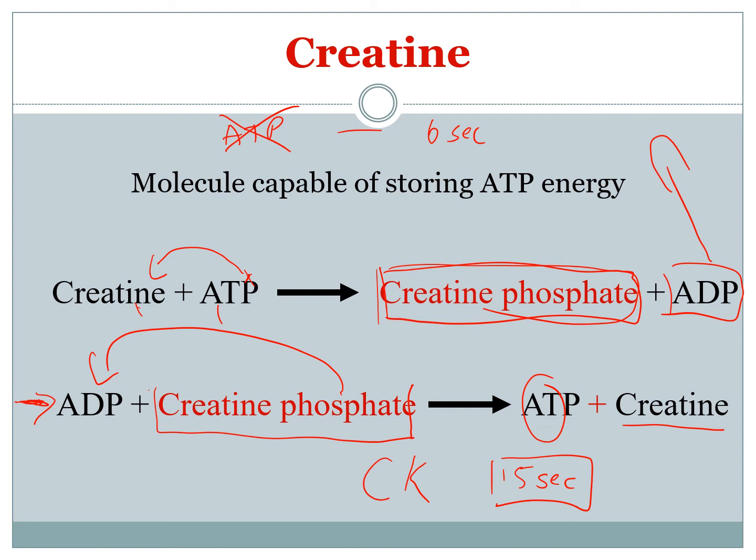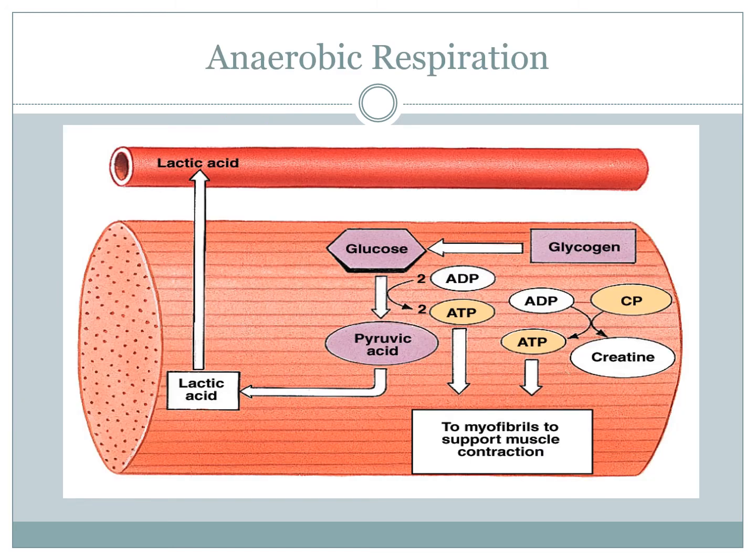Creatine phosphate's burnt out, and at the same time we start going into anaerobic respiration that we've gone through. We all know that this is just going through glycolysis. Within the sarcoplasm of the muscle, glycolysis occurs, where glycogen is broken down into glucose, and glucose becomes pyruvic acid, yielding us 2 ATP to be utilised within the muscle.